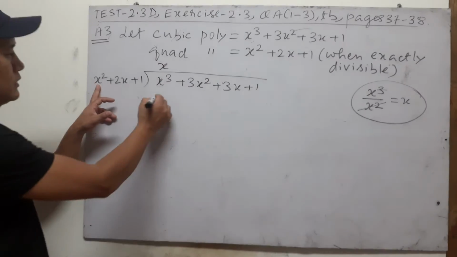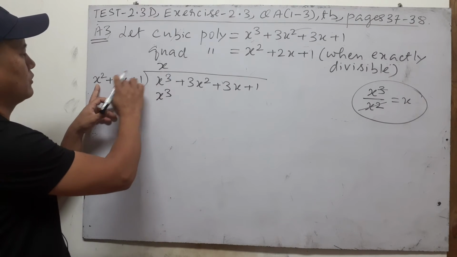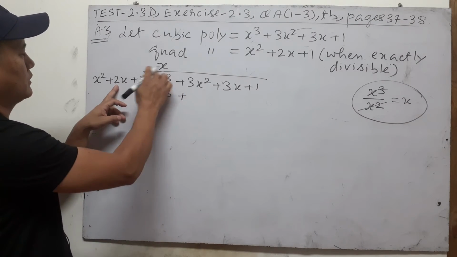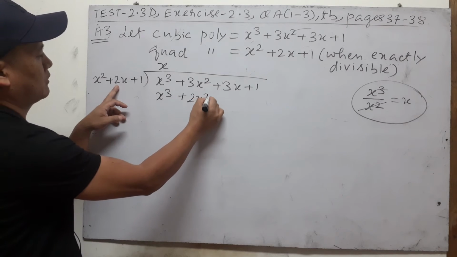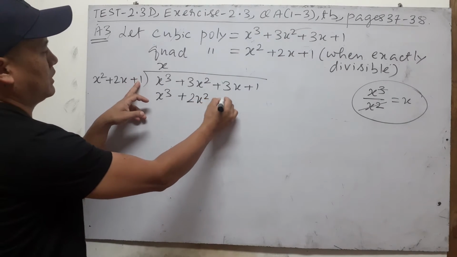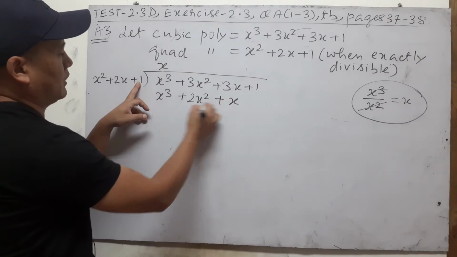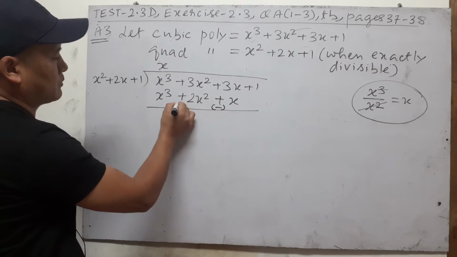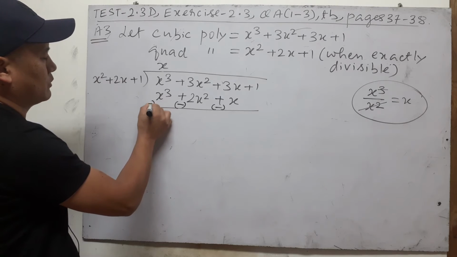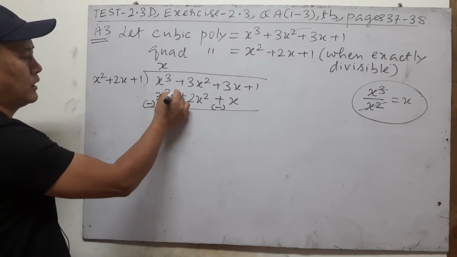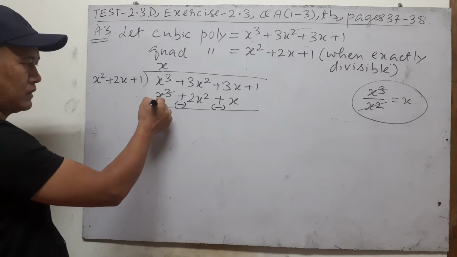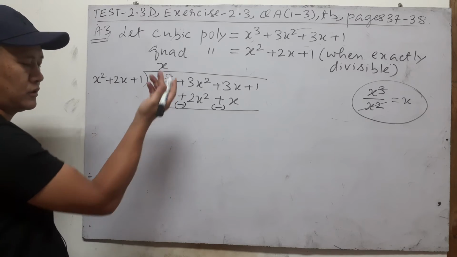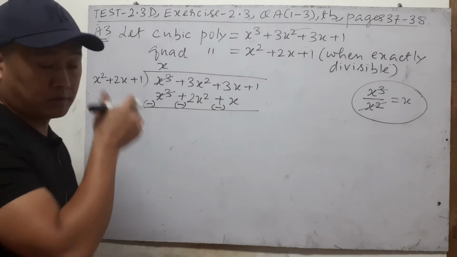x into x squared is x cubed, plus into plus, x into 2x is 2x squared, x into 1 is x. When we change the sign of the lower terms, plus becomes minus. Our intention is to cancel out: minus x cubed plus x cubed is 0, so it vanished.